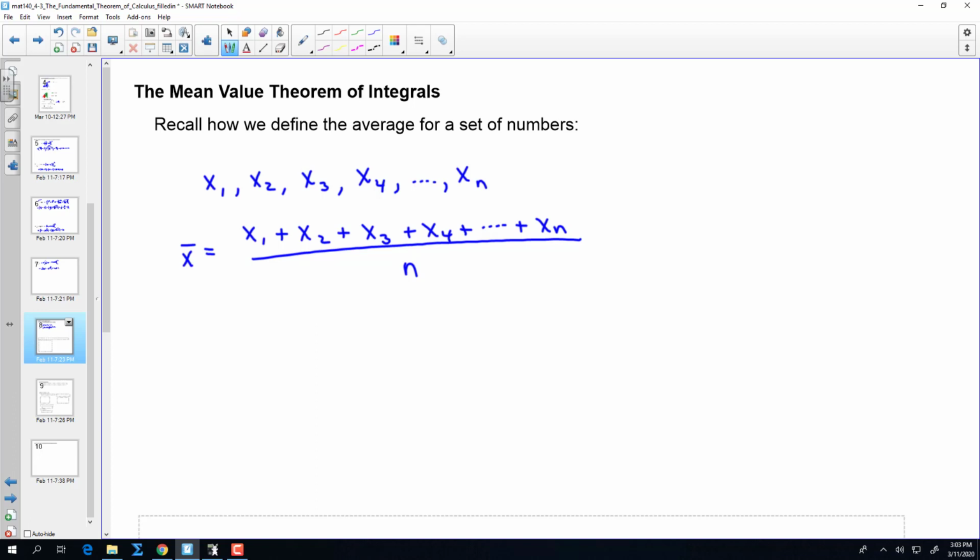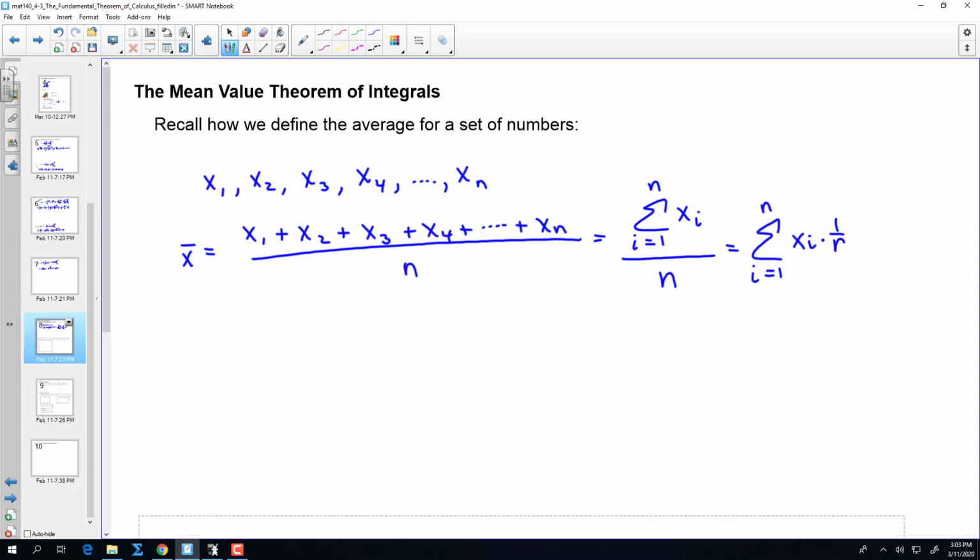Which could look like the sum from i equals 1 to n of x sub i divided by n, which is the same thing as a sum from i equals 1 to n of x sub i times 1 over n.